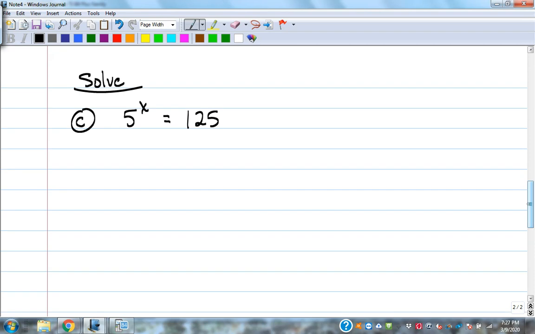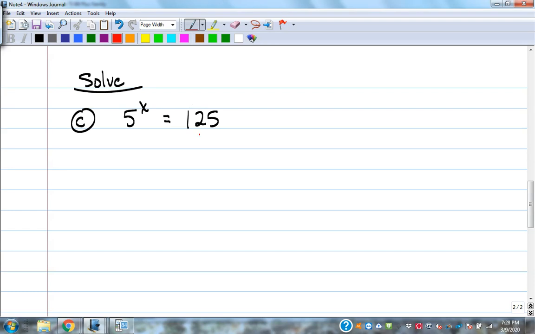The variable is in the exponent here. So this is where knowing those exponent rules that we've been working with all evening comes in, okay? And knowing how to break a number down without relying so much on the calculator. So what I want to do is look at the number that has the base that has the exponent with the variable in it, and I try to rewrite the other number with that same base.